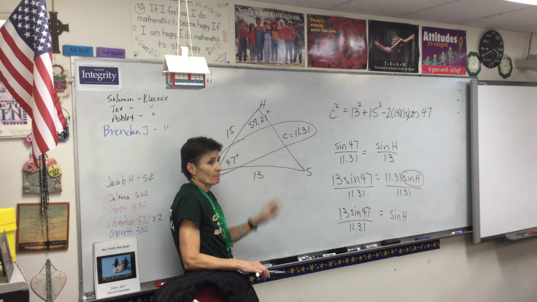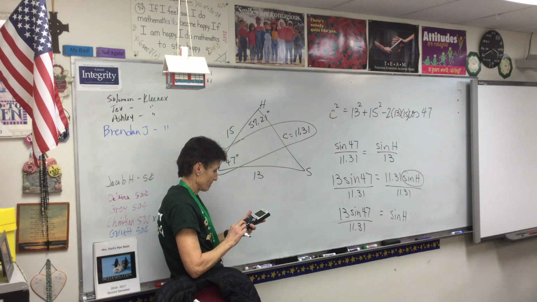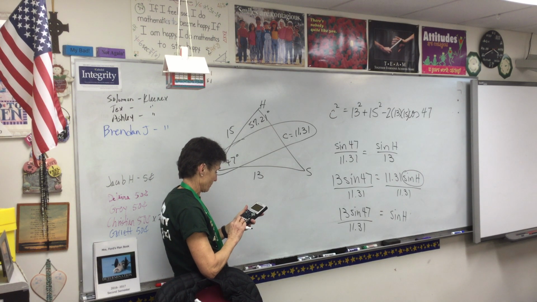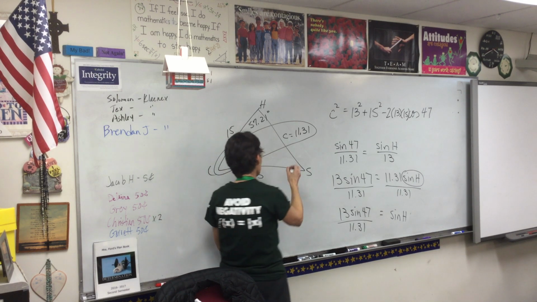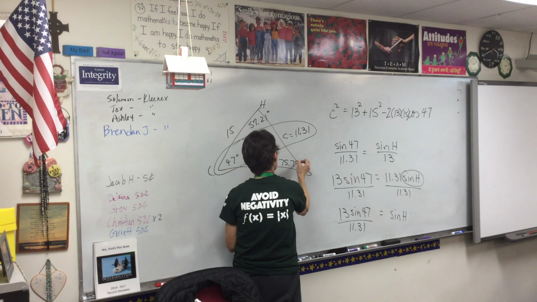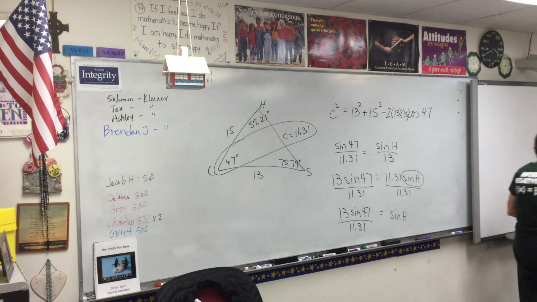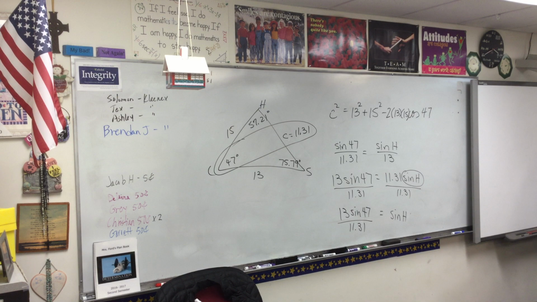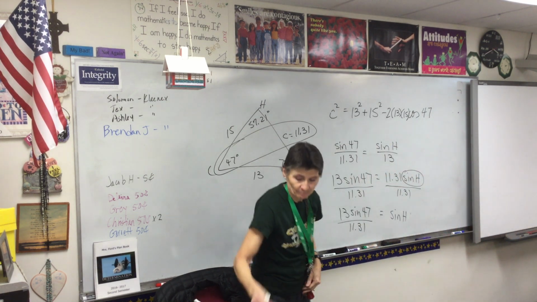Let's do the hardest one. No, we're just going to subtract from 180. And I got 75.79. So the triangle is now solved because we found everything that was missing in the original.